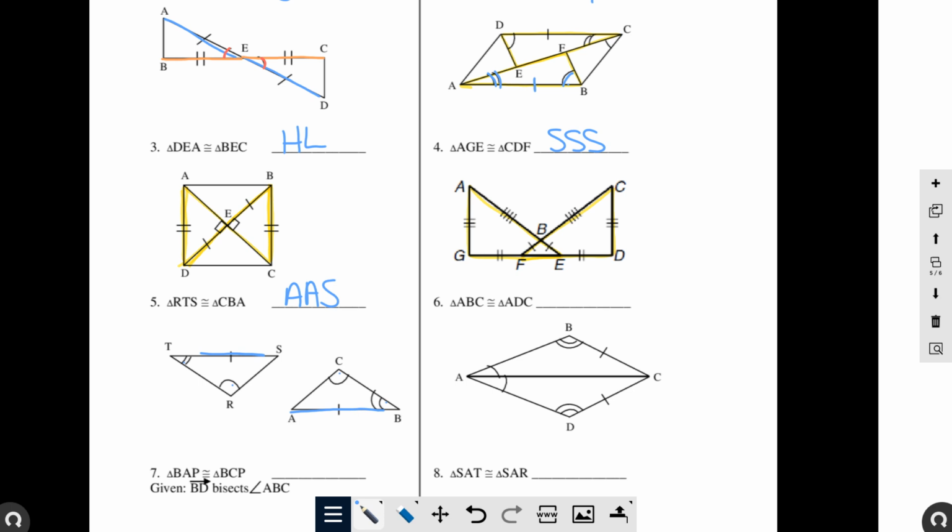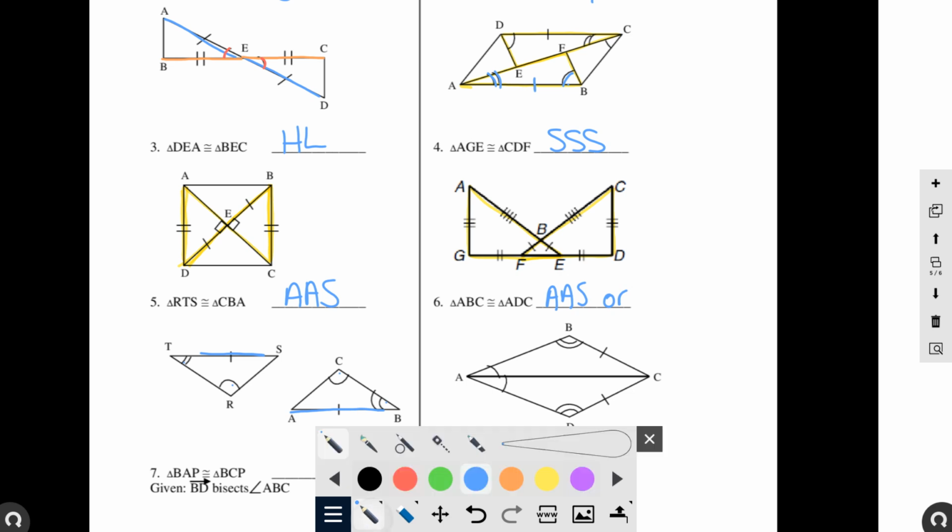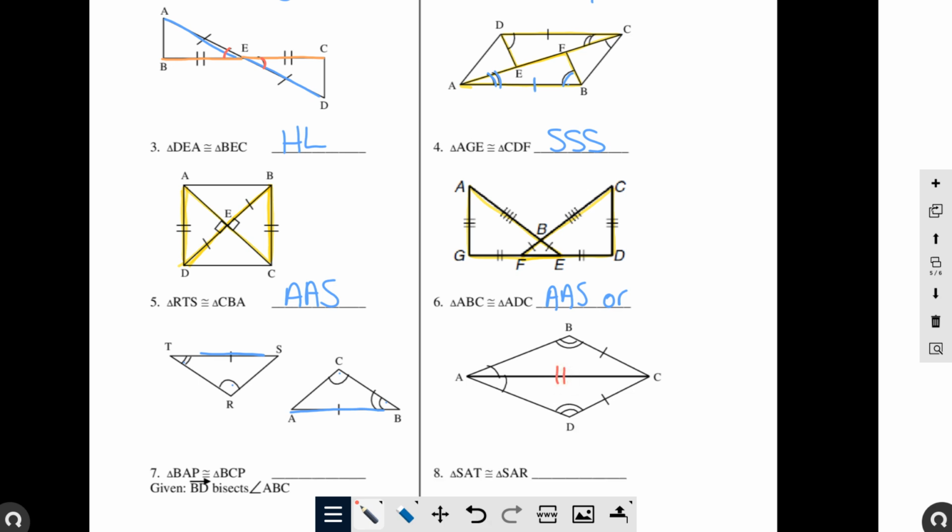All right, question 6. If you only go with what's marked, what could it be? It could be angle, angle, side again. We have two angles and the non-included side in both pictures. Or somebody else might look at this picture and say, hey, Miss Cook, you can mark the line in the middle, the line that they share.